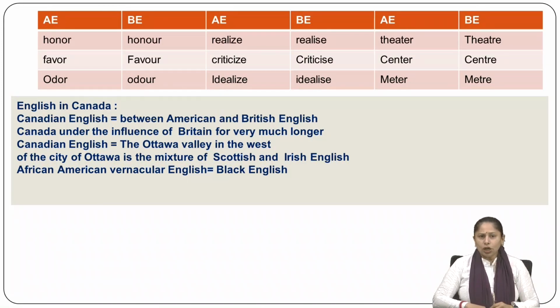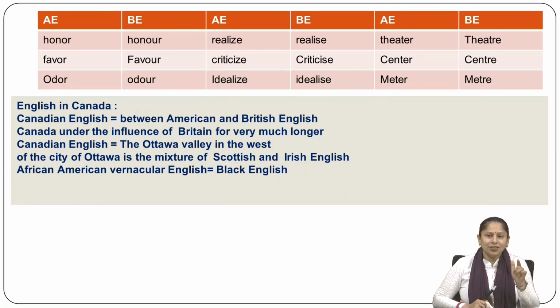As for example, honor, that is spelled in American English as honor, and in British English you can see that there is a U, honour. The U is utilized in the same way. Realize, which is spoken in British English as realize again, but the spelling is different. And theatre and theater, favor and favour, criticize and criticise, center and centre, and idealize and idealise, meter and metre.